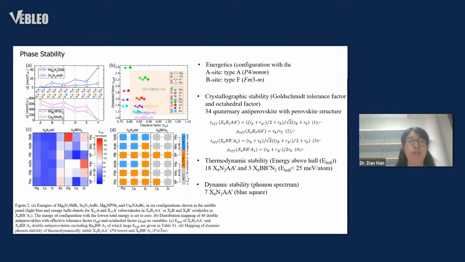After identifying the favorable configurations, we go to the crystallographic stabilities.